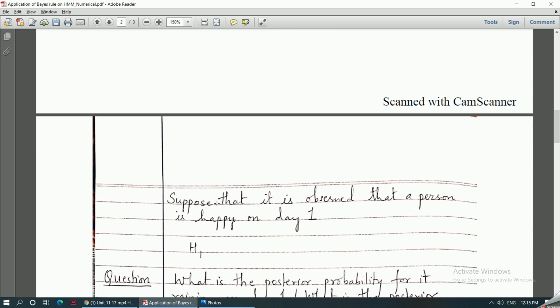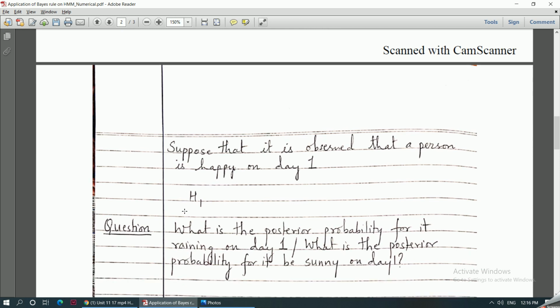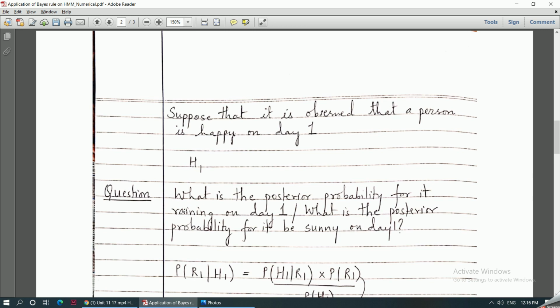Suppose that it is observed that a person is happy on day 1, which is denoted by H1. This is our assumption. So we are assuming that a person is happy on day 1. So the question is, what is the posterior probability for it to be raining on day 1, or what is the posterior probability for it to be sunny on day 1?